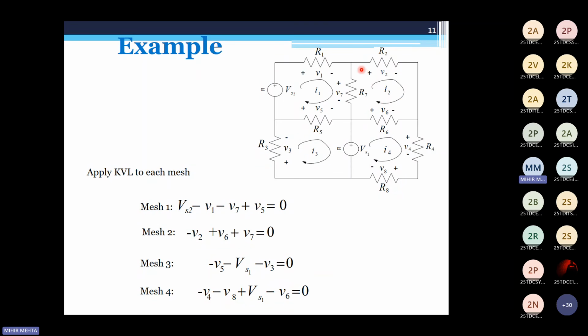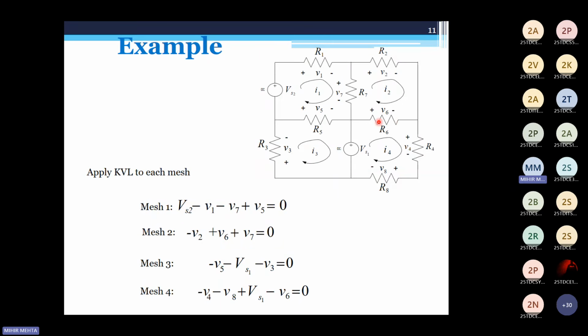So we say that the current through R2 is from left to right and the direction of the mesh current is also the same. And since both directions are same, we take the voltage as negative, that is minus V2. In the rightmost part, you don't have an element, so there would be no term associated with this.